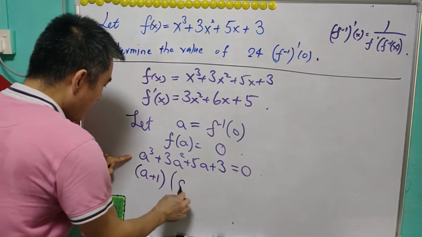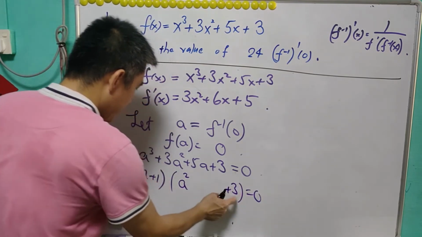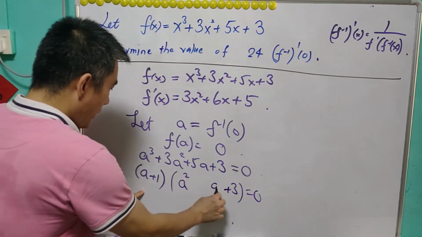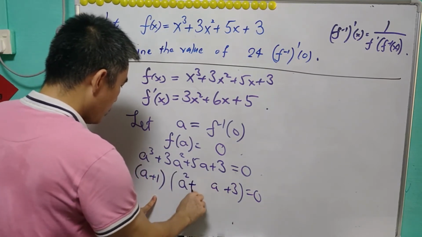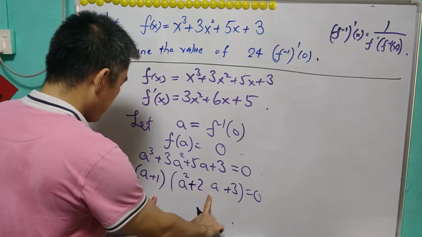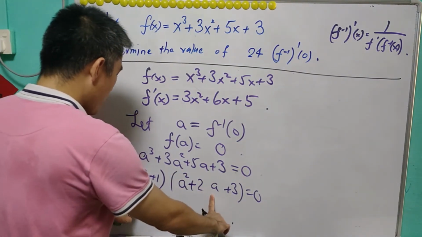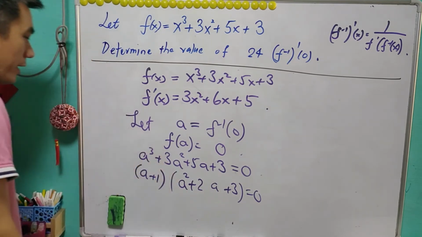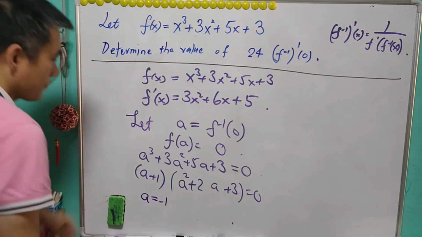The other factor is a squared plus 3, and for a it should be 3a and 2a in order to get 5a. We can check with the coefficient of a squared, it is 2a squared and 1a squared. That is correct.